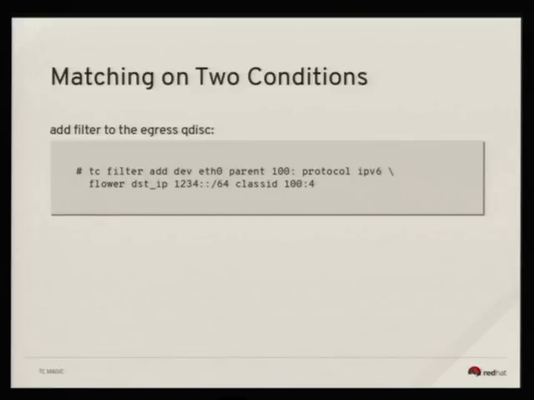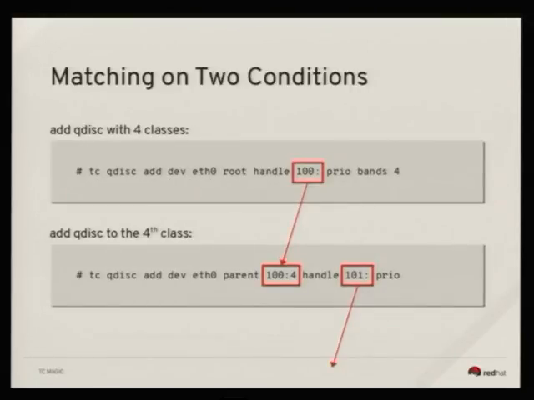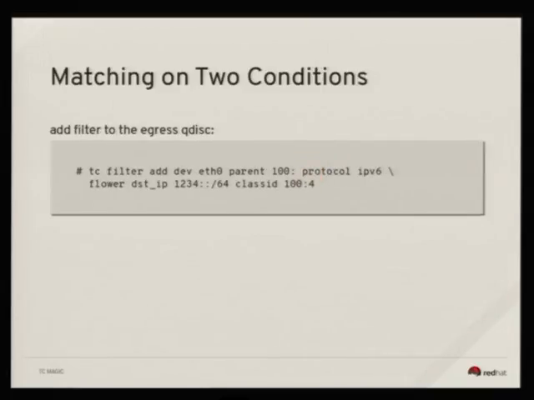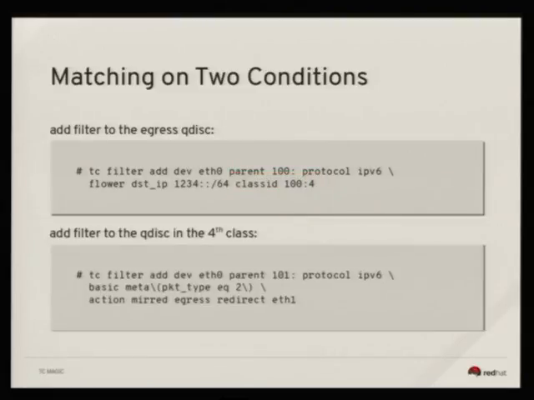We will put this packet to this class. This means that the packet will now appear on Qdisc 101, on this one. Yep. So we put it to the class and it appears on that Qdisc.